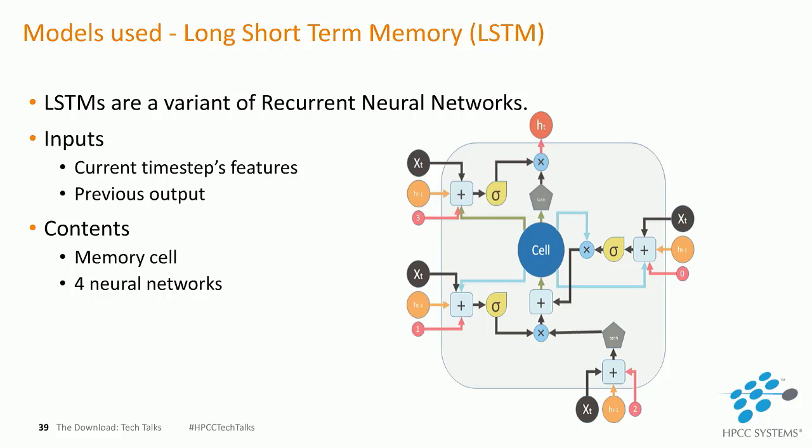You also have a third neural network which trains itself to give the fraction of the new memory that has to influence the memory cell. You multiply that with the new memory, multiply the forget valve's output with the old memory, add all of it, and that would be the input to your memory cell. So that's how memory is maintained.